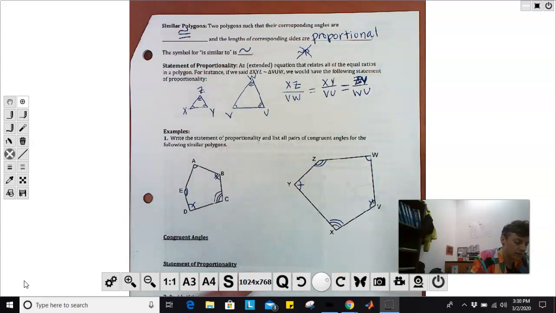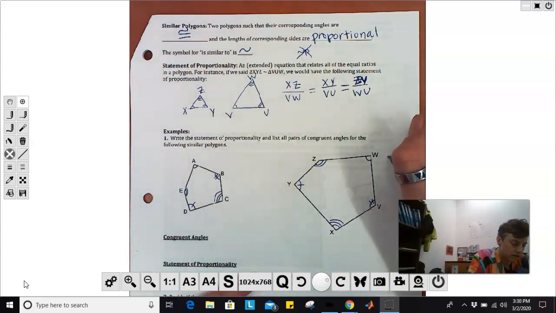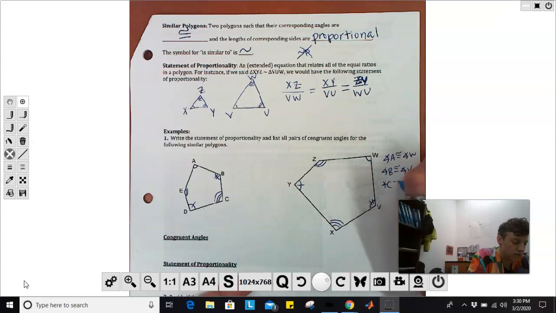Angle A congruent to angle W. Angle B was congruent to angle V. Angle C was congruent to angle X. Angle D is congruent to angle Y, and angle E was congruent to angle Z.